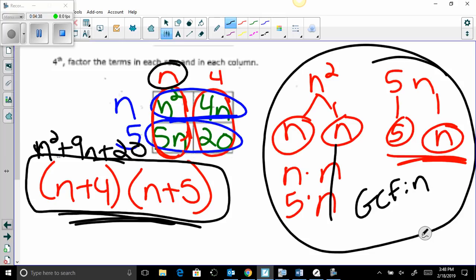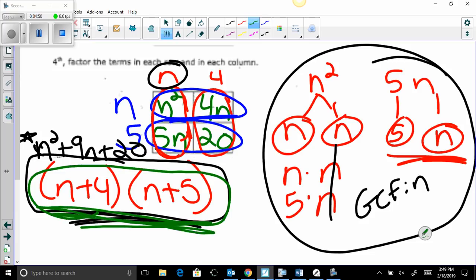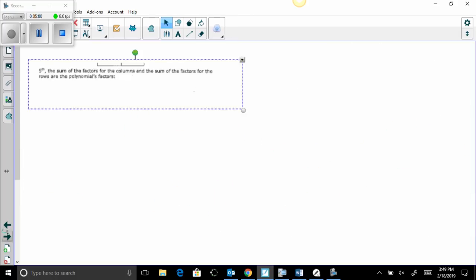So I have successfully factored my trinomial. Now previously, in the beginning of the year, when we had a binomial times a binomial, we used the box method to get my answer. So all I'm doing is working backwards here, backwards from what I already know.